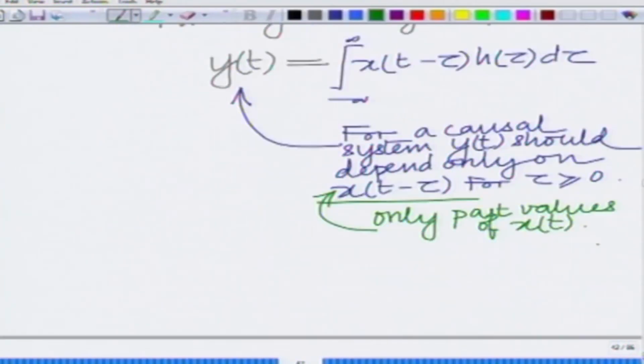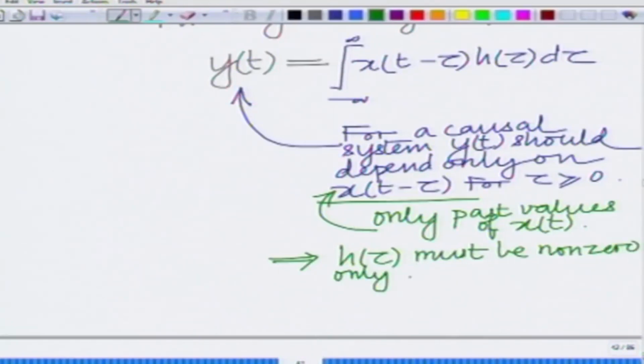And this implies h of tau must be non-zero only for tau greater than or equal to 0.